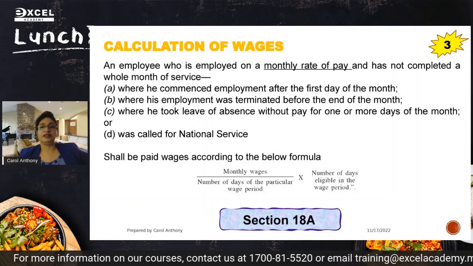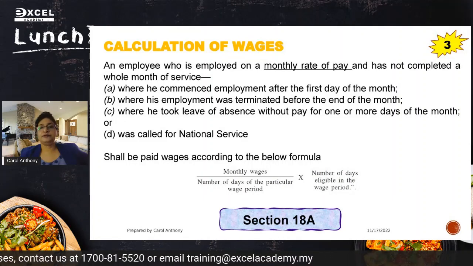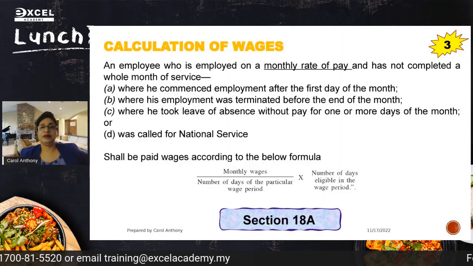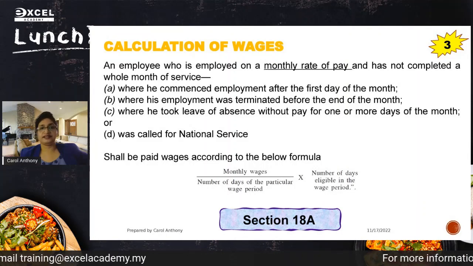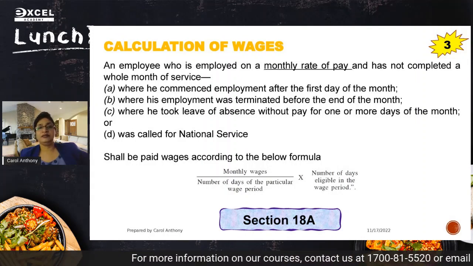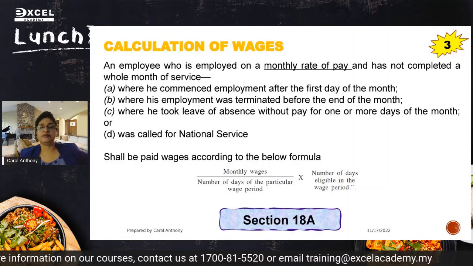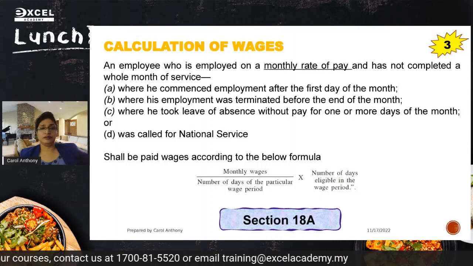Next, moving on, number 3. This is actually new for the Act, but it's not new for practice. This has been practiced all along. It's the correct way, but it's not stated in the Act. Therefore, some companies were confused.